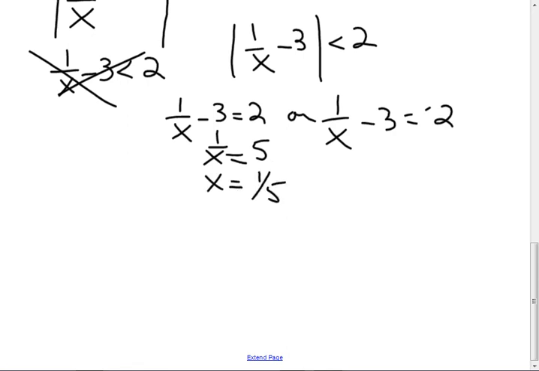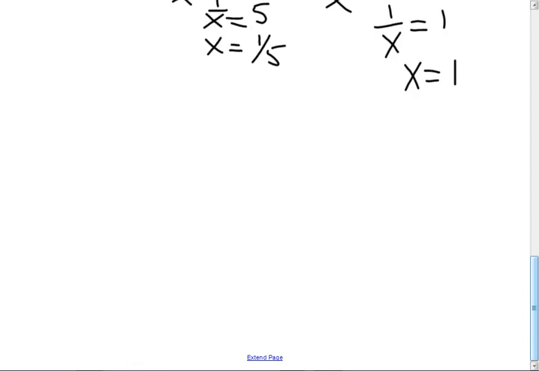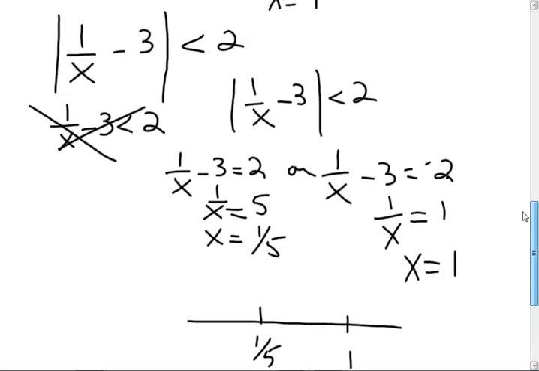And if I add 3 here, 1 over x is equal to 1. So x is equal to 1. And there's another boundary point. There's 3 of them. Because where do boundaries occur? They occur at the zeros, but where else? Undefined, when you have a vertical asymptote. I got a boundary when x is what? Okay, Steve? When x is 0, I got a boundary.